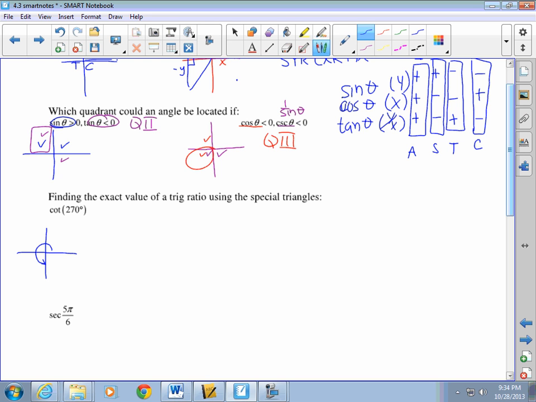If I think about my unit circle, going all the way around here, because it's special triangles, we're using the unit circle. So I know on my unit circle, this point right here, if that's where I'm going to, is going to be 0 on my x and negative 1 on my y.